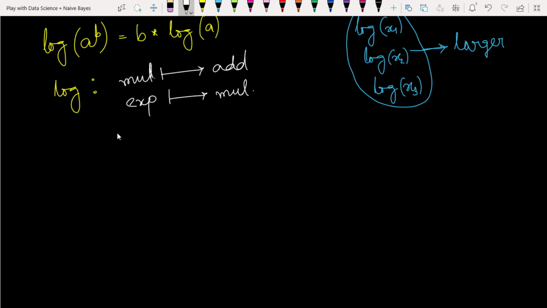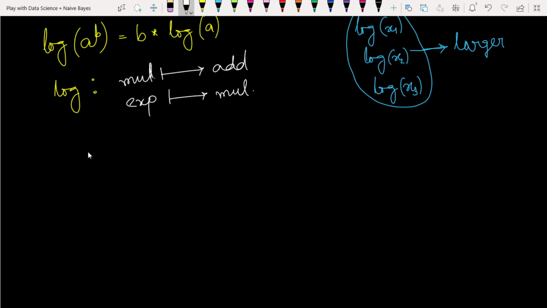But in the early 90s there was no such computational power, so in that age they used the logarithm function to calculate huge numerical values.